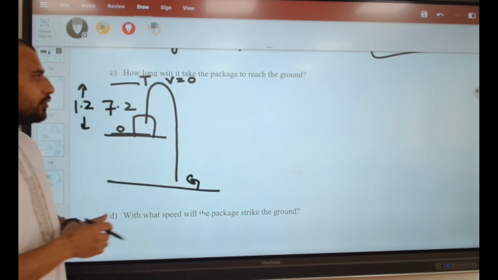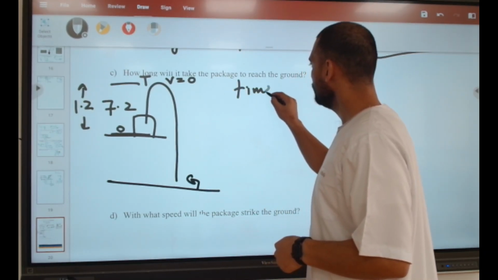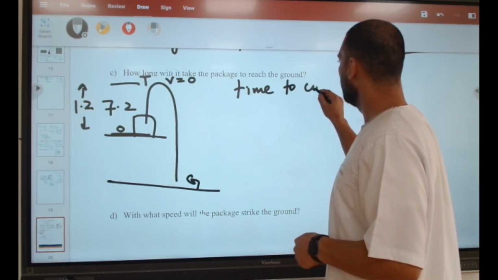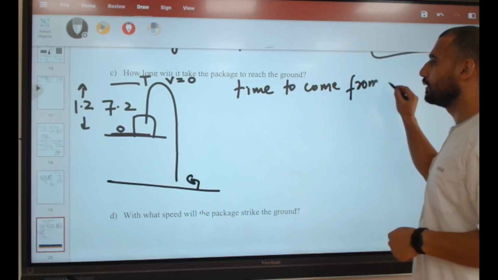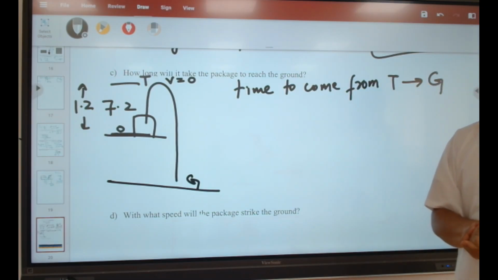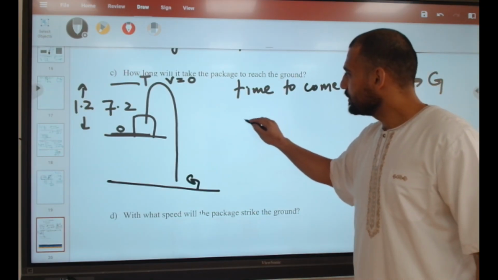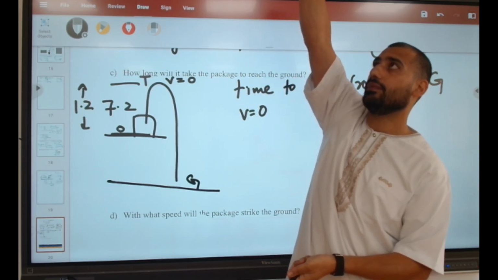So, time to come from T to G. Here we have initial velocity equal to 0, because when it is at the top, now it will drop.